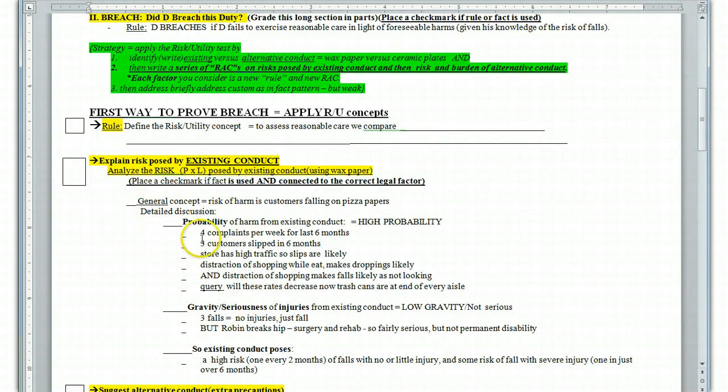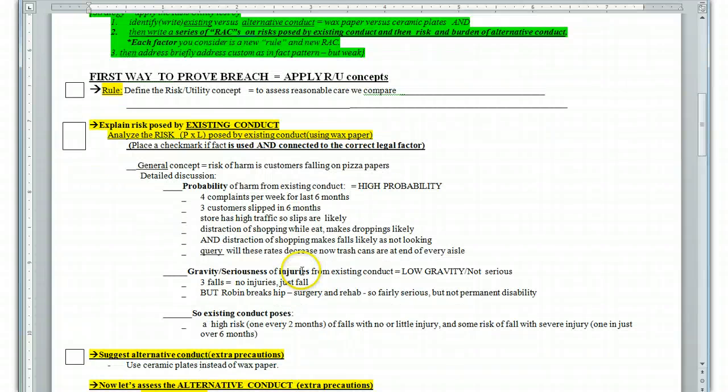Here are a whole list of facts which you should have mentioned to enable you to predict that there is a high probability of harm if Marvin continues with his existing conduct of using wax paper. You should also have used these facts to suggest that the gravity of the harm or the seriousness of the injuries is not that high.